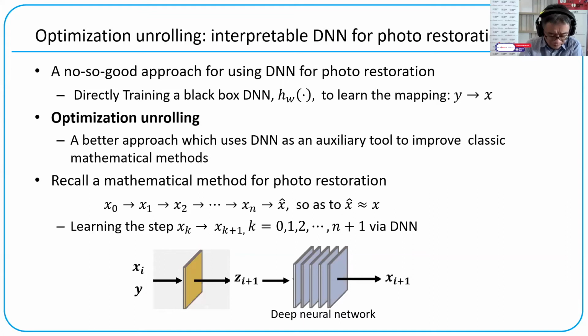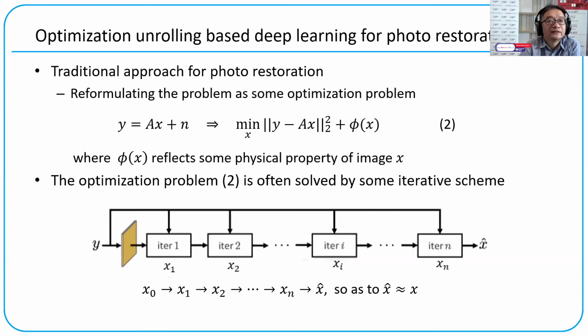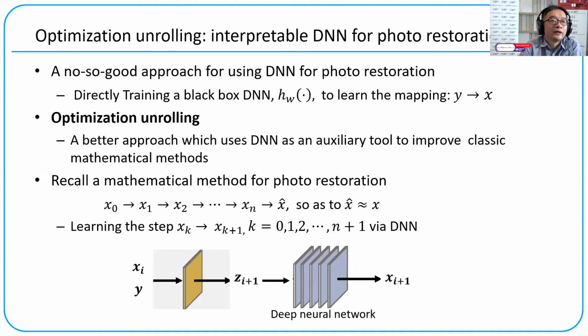But how deep learning can help here is that if you look at the first equations, we don't know phi well because it's the physical properties of the image. Deep learning here can help us to learn these physical properties. So basically we're still doing this step-by-step refinement using some iterative method.